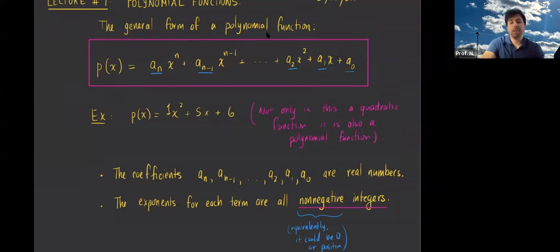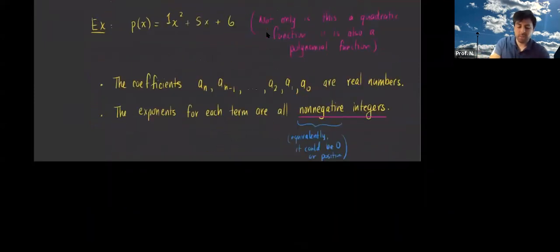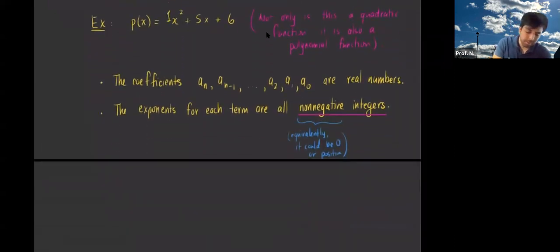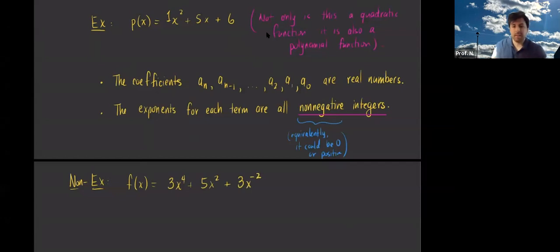Sometimes it's good to understand what something is by understanding what it isn't, right? So what would be an example of a non-polynomial? Maybe we can call this a non-example. If I have a function like 3x to the 4th plus 5x squared, and then the moment we have something like 3x to the negative 2, this is not a polynomial.